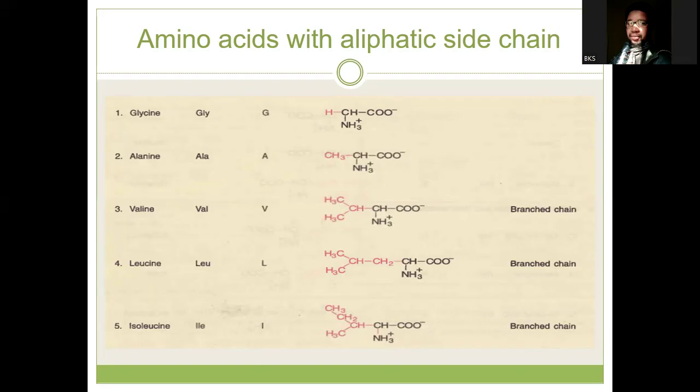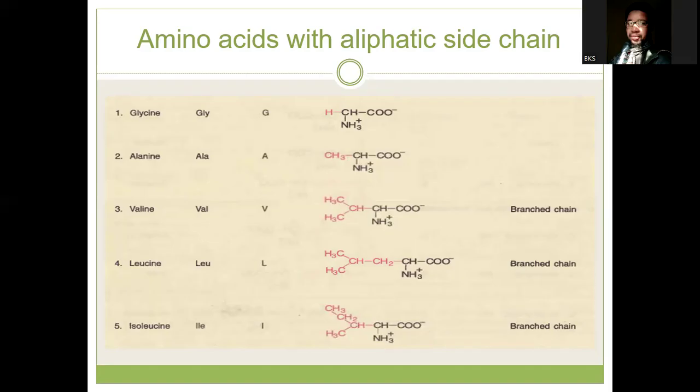That is why we say when you look at the alpha carbon of glycine, it contains 2 hydrogens that made that carbon not to be considered as a chiral carbon, which is different with regard to the next amino acid, alanine.